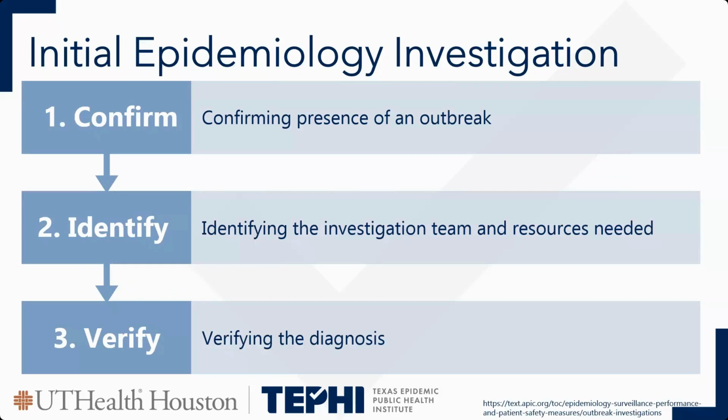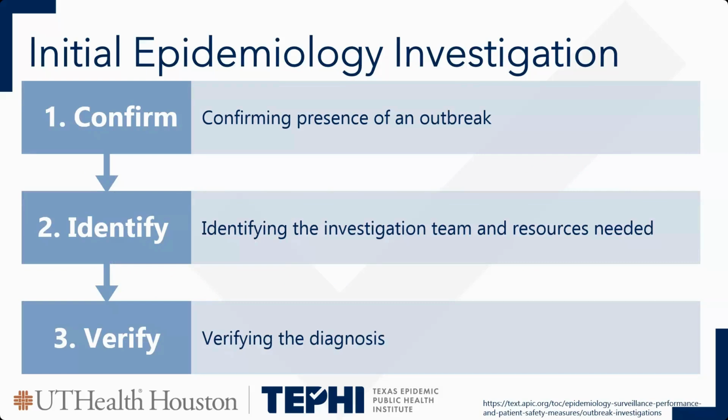So for the initial investigation, your first step is always to confirm the presence of an outbreak. That's knowing with some level of certainty that there is an outbreak going on. That means looking at a specific test or symptomology, or getting a piece of information that makes you say, hey, this could be concerning. You have been on a state call or a county call saying that this pathogen is present.